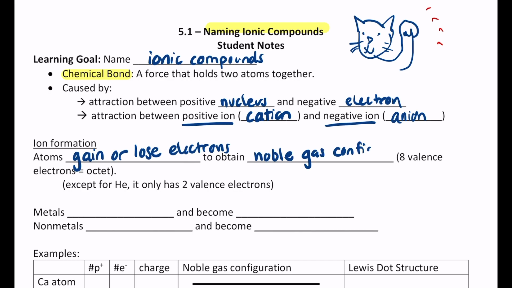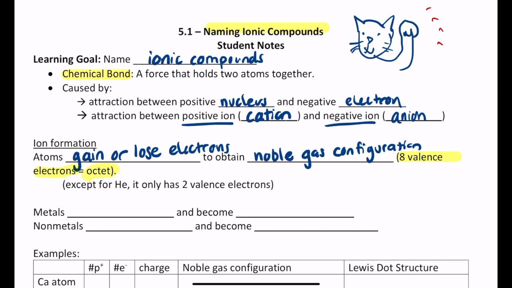It's very important that you know that term, noble gas configuration. The thing about noble gas configuration that's important is that there are 8 valence electrons, otherwise known as an octet of electrons, which is a really stable state. And when atoms are stable, they're really happy. They don't want to gain or lose any more electrons.